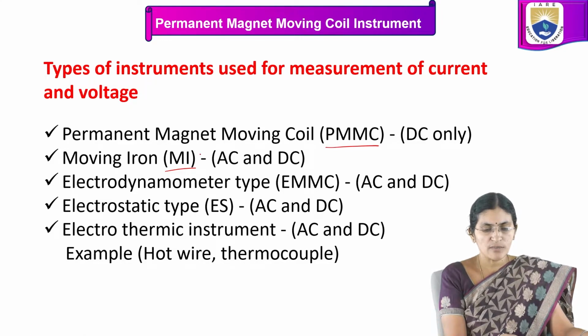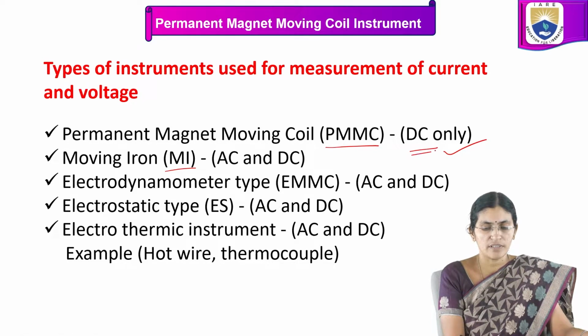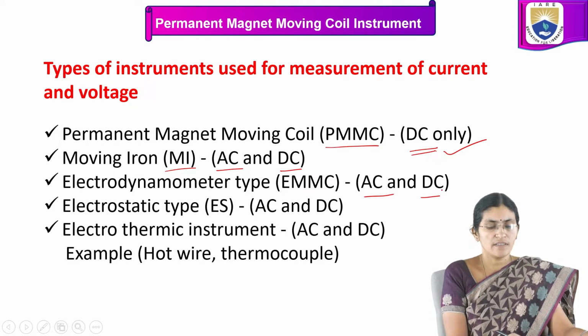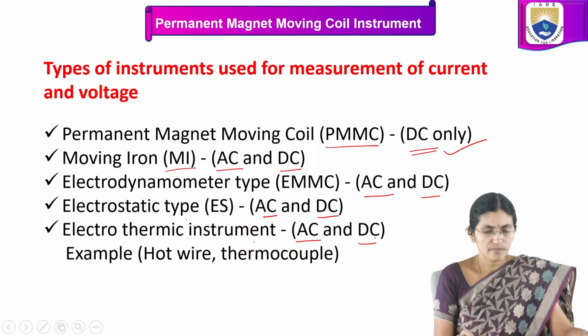Permanent magnet moving coil instruments can be used only for measuring DC quantities. Moving iron instruments can be used for measuring both AC and DC quantities. Electrodynamometer type instruments can also measure both AC and DC quantities. Electrostatic and electrothermic types can also be used for AC and DC quantities.